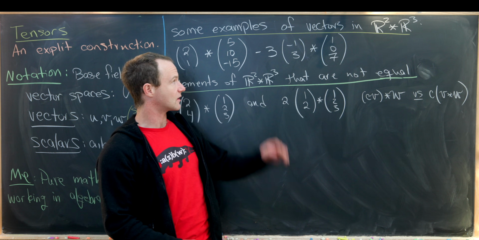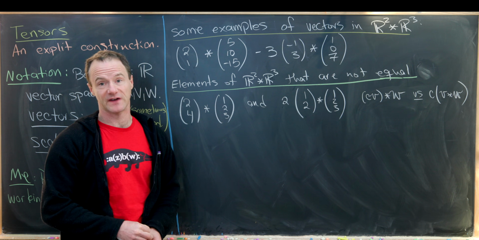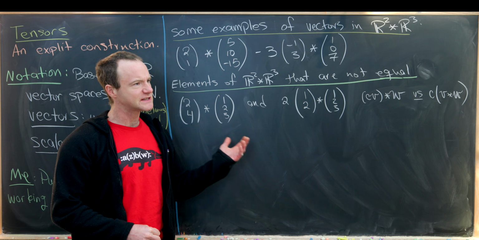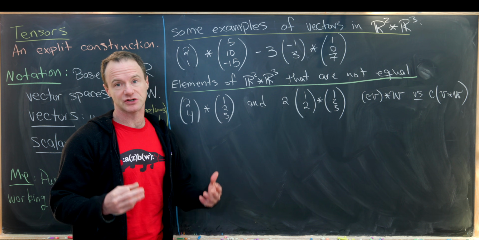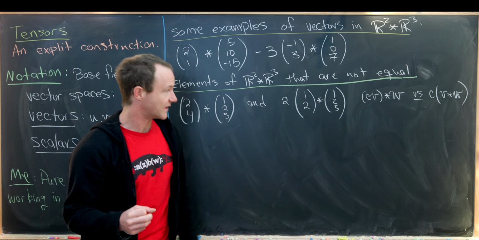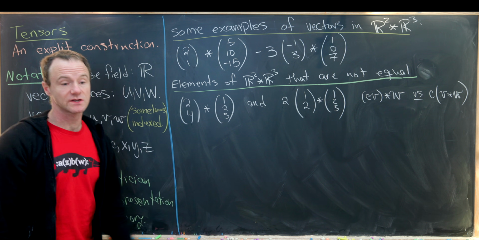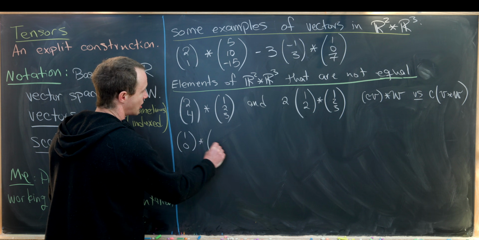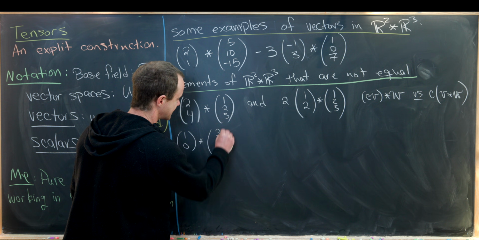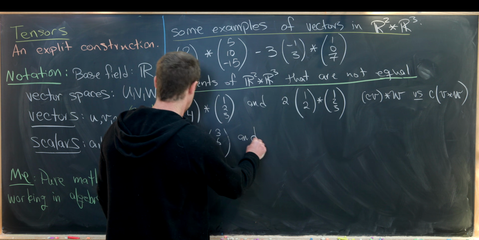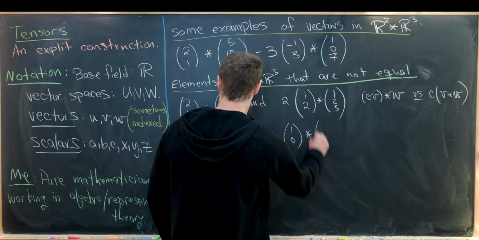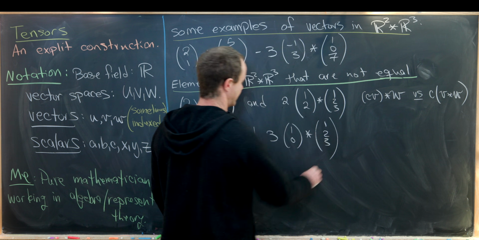Given the fact that R2 star R3 is a vector space, we should be able to take scalar multiples of that vector space. And since we define it as the span of a bunch of objects, it's clearly a vector space. Okay, so let's look at another one. Maybe we'll look at (1, 0) star (3, 6, 9) and 3 times (1, 0) star (1, 2, 3).